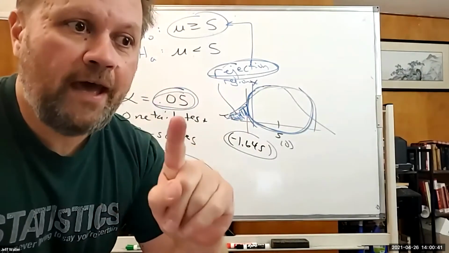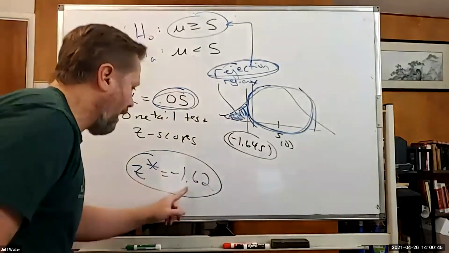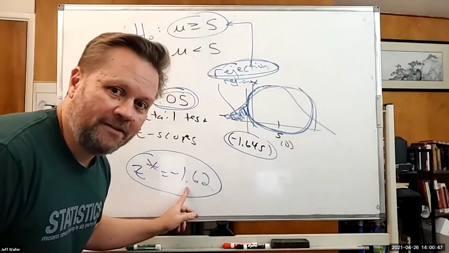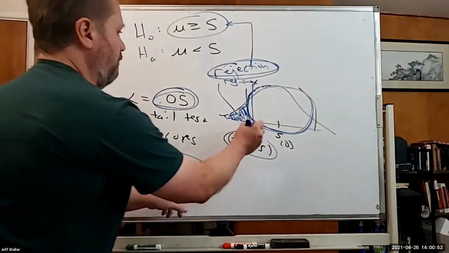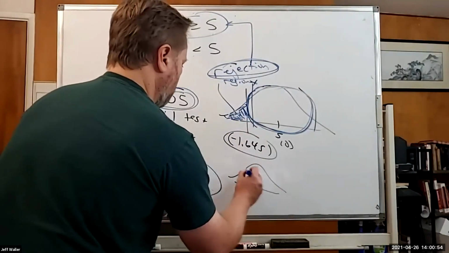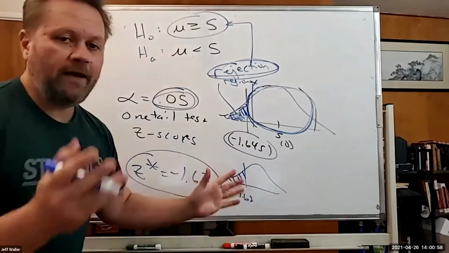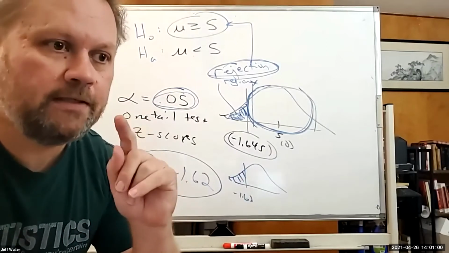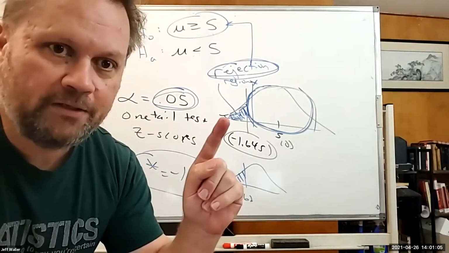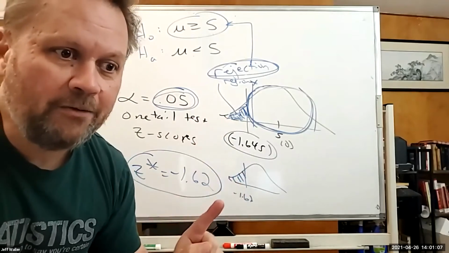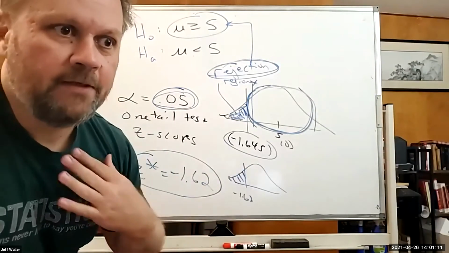All the p-value is the area in the tail that our z-score makes. Can you find the area that negative 1.62 makes? That's the p-value. That's all it is. It's exactly like alpha. Alpha is the area in the rejection region. The p-value is the area in the tail that our z-score makes.